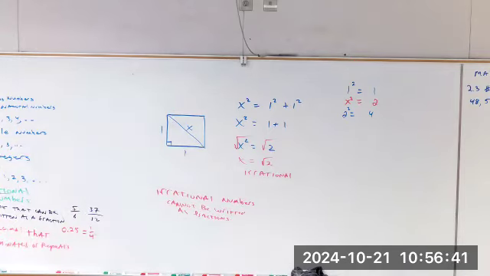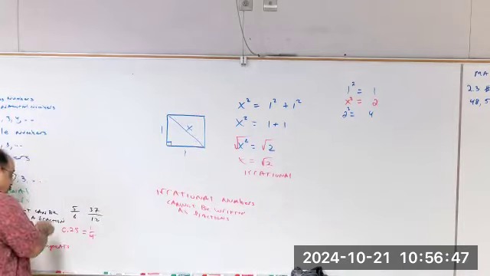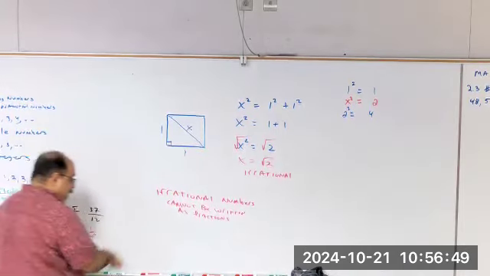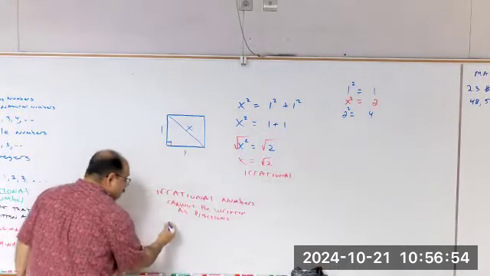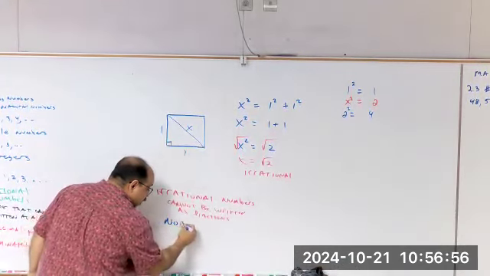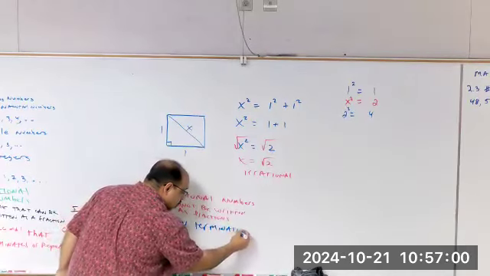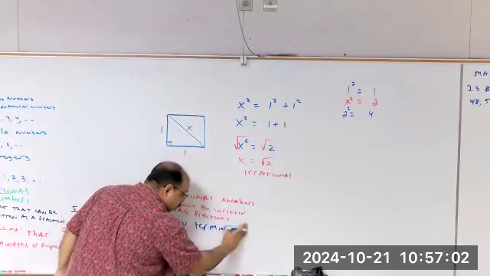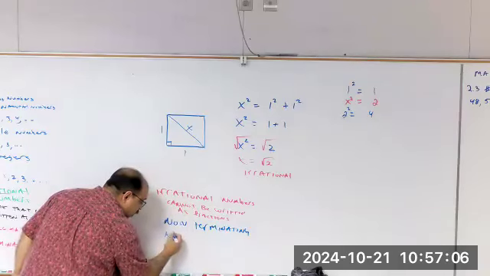It's inevitable. If these are decimals that terminate or repeat, these must be decimals that do not terminate or repeat. Non-terminating, non-repeating decimals.